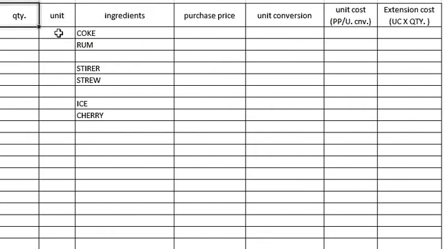So again, 1 jigger is equivalent to 30 ml. So 30 ml is also equivalent into 1 ounce. Okay, so let's use na lang ml, no? So ingredients, and then ang imong purchase price.